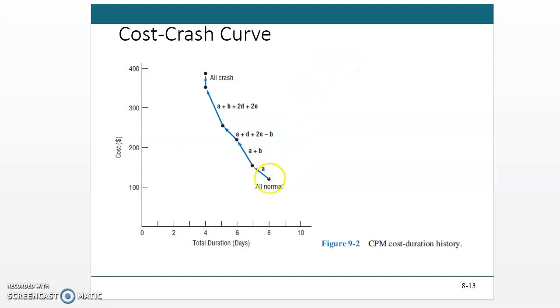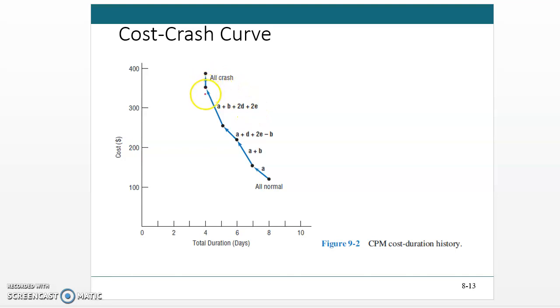And here you can see that A was reduced, then A plus B were reduced, and then A, D, and E, and then B was relaxed. Minus B is shown over here. And then in this case, A, B, D was reduced by 2 days, and E was reduced by 2 days.